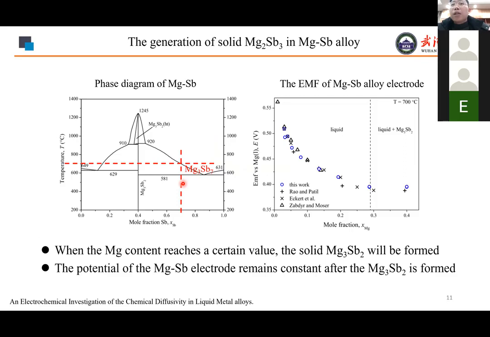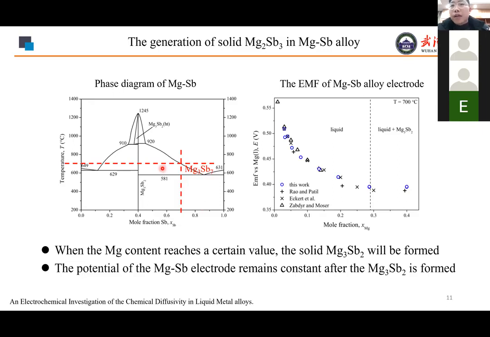The binary metal battery is much easier to analyze because we have the phase diagram. For example, we first analyze the magnesium antimony battery from the phase diagram.